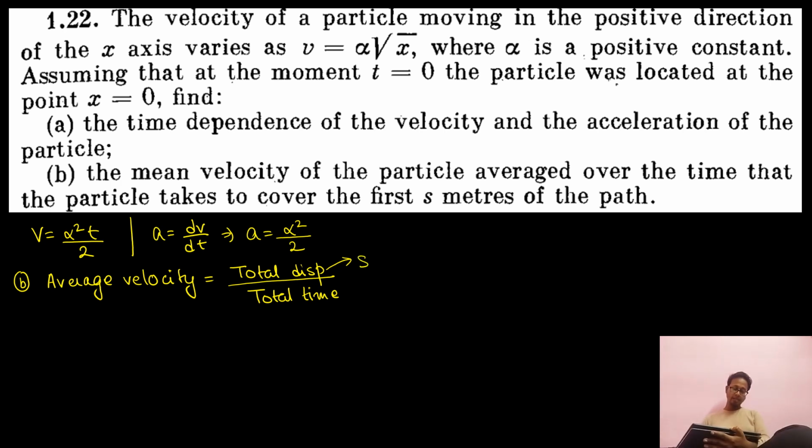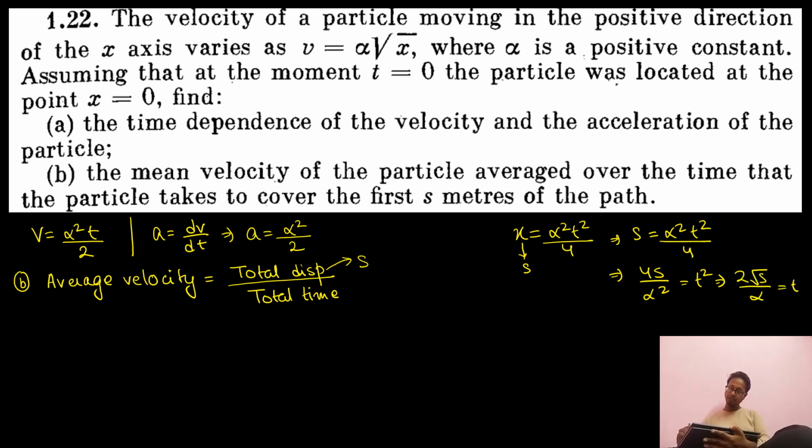Total displacement is equals to s. To get the equation of time, we need to find out the value of x. x is equals to alpha square t square by 4. This is the equation of displacement. So if we substitute s out here, s is equals to alpha square t square by 4, or 4s by alpha square is equals to t square, or 2 under root s by alpha is equals to t.